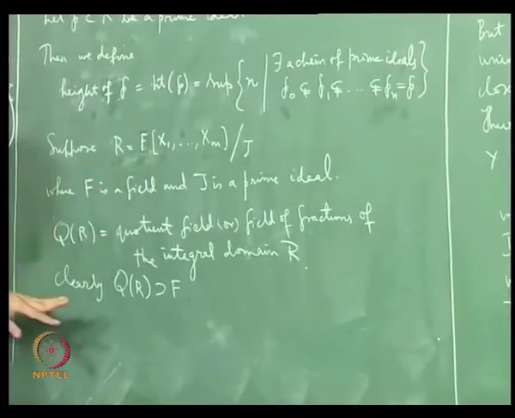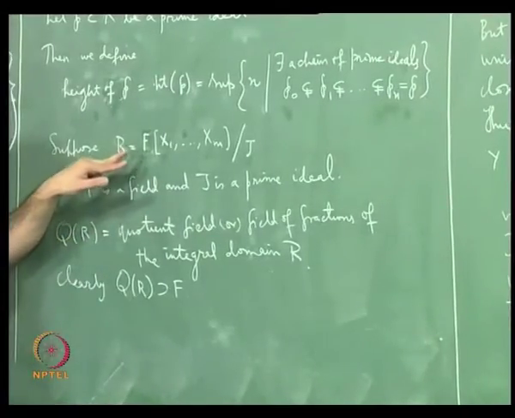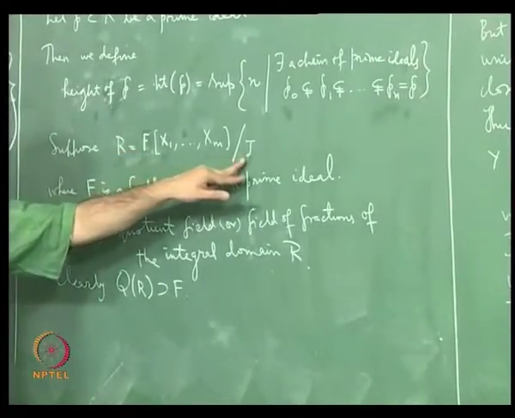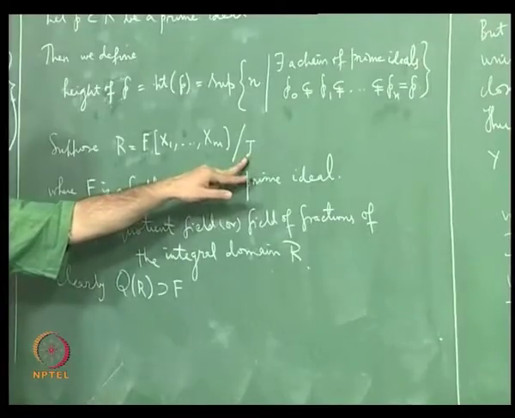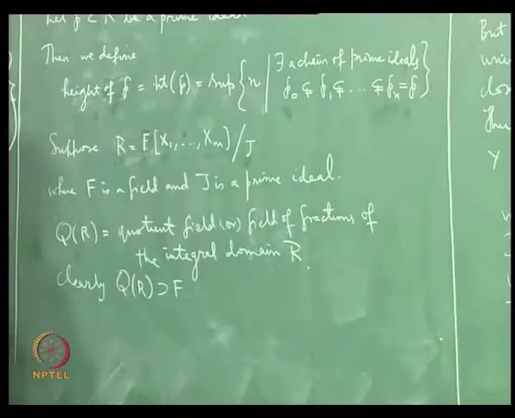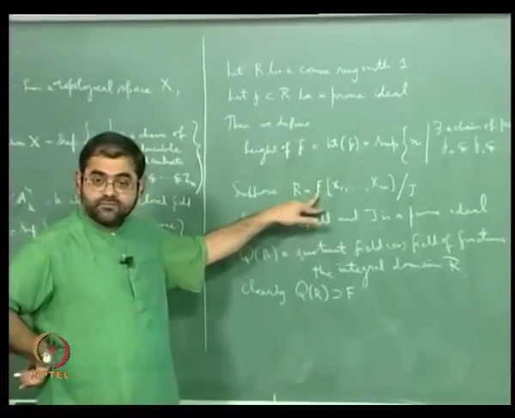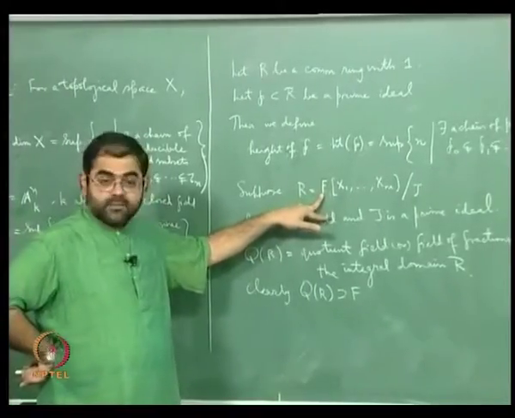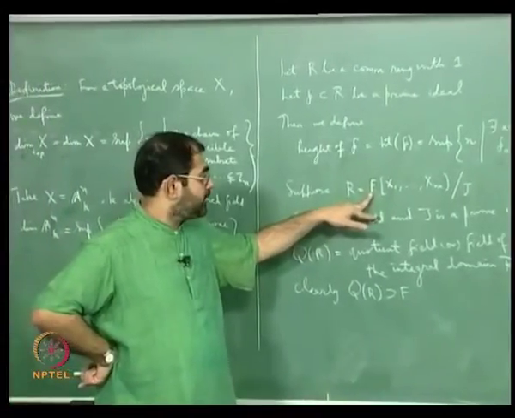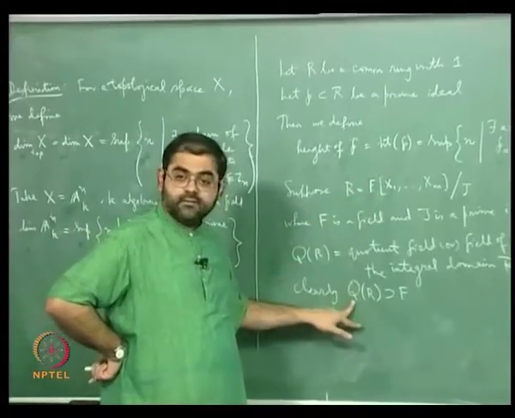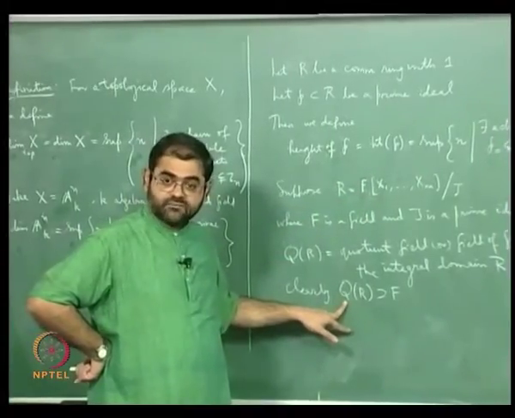So the fact is that, since this is a proper ideal, you are certainly not going modulo the elements of the field, okay. So the elements of the field still remain invertible in the field of fractions of R, okay.